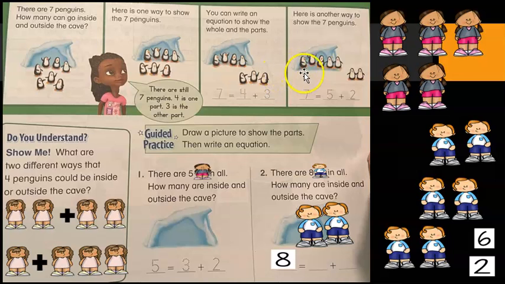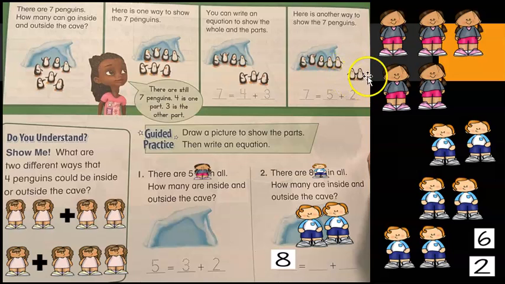But it's just that, look, 1 penguin went inside the cave and 2 stayed outside, okay? Here we have 3 on the outside, 4 on the inside. It's just that one of these penguins went inside now into the cave. You see that? When 1 went inside, now when you count it up, there's 5 penguins here and 2 are still outside.